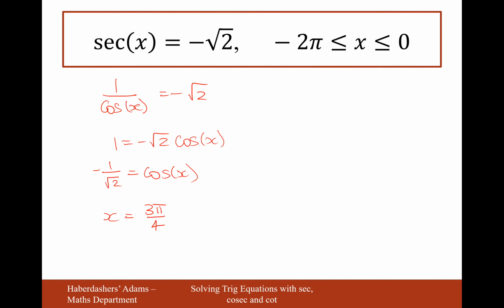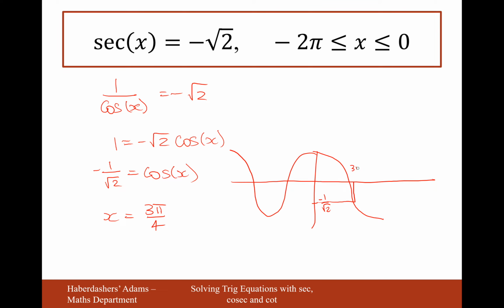Okay, well that will not be a final solution because we're looking for solutions in between minus 2 pi to 0, so it's going to go backwards like that. At the moment, I've got a solution at minus 1 over root 2. That will give me this solution over here. This would be 3 pi by 4.